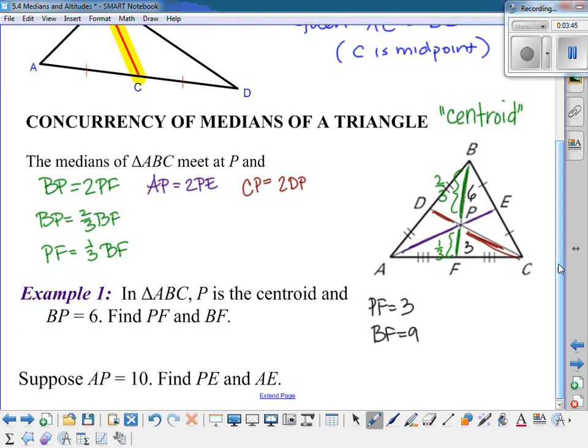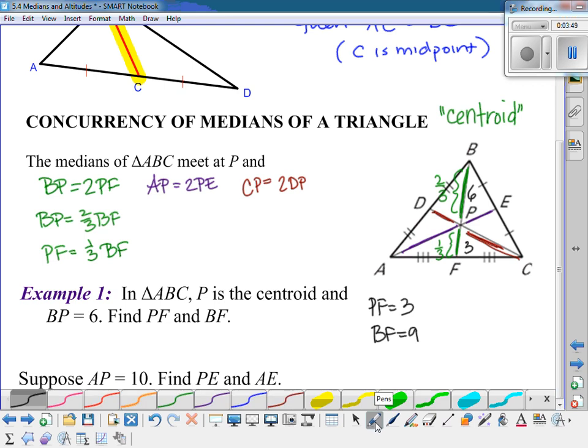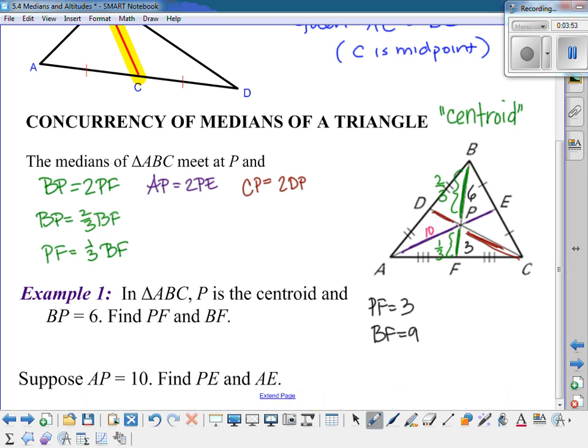And if we look here, suppose that AP is equal to 10. PE is going to be half as much, so PE is going to equal 5. And then the whole thing, AE, is going to equal 15.